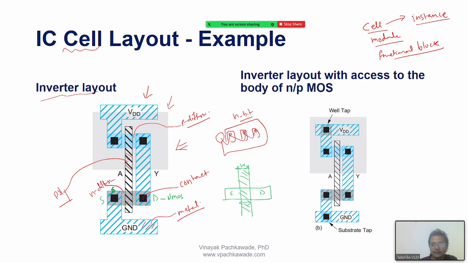The width of the poly itself will set the channel length during the fabrication of this transistor. See, the poly is drawn here, overlapping a little bit over the diffusion region, and then I go up.